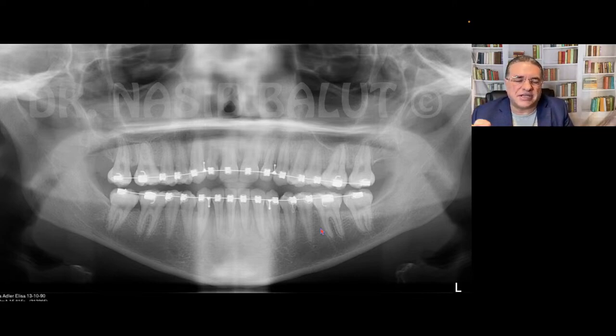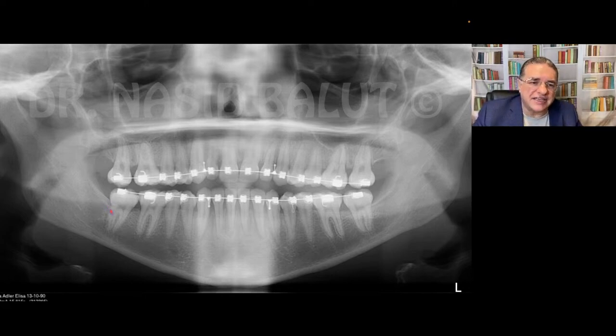Unfortunately, the patient was not very compliant with the elastics, so we weren't seeing changes on the left side with the class 3. So we decided to put a mini implant in the mandibular shelf to help me distalize the lower left quadrant of the patient.